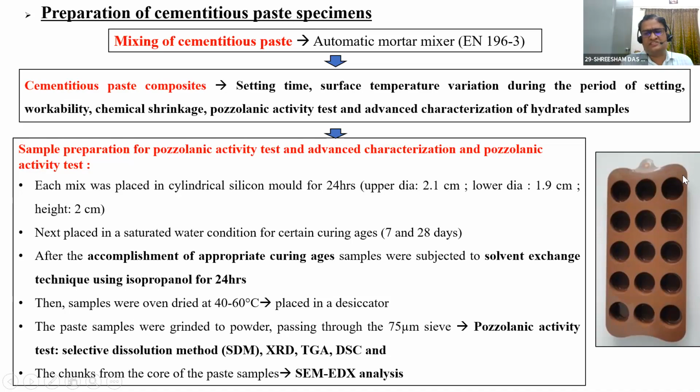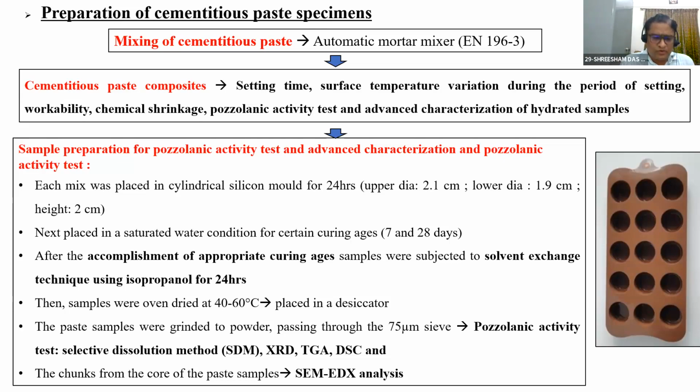We have prepared small specimens with diameter 2.1, lower diameter 1.9, and height 2. We followed all the standard casting procedures, and after certain days, that is 7 days and 28 days, they were subjected to advanced characterization studies.